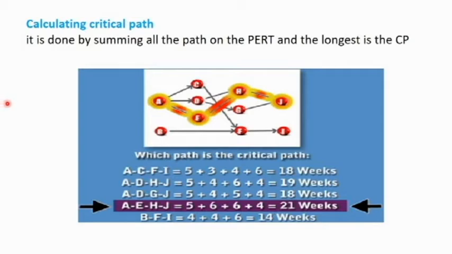As seen in the figure below, we observe that the critical path is the path that has A, E, H, J. When we sum up all these activities, which is 5 plus 6 plus 6 plus 4 equal to 21, we obtain the critical path, the longest path through the PERT chart.